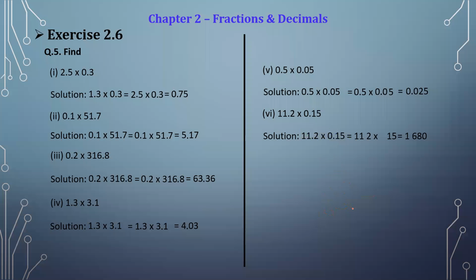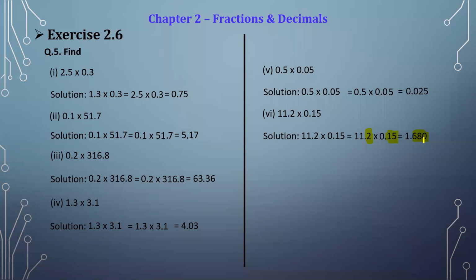The next step is to bring back the decimal points which we had ignored for a temporary purpose, and count how many digits are present after the decimal point in both the numbers. In the first number only one digit is there, and in the second number 2 digits are there. So 1 plus 2 equals 3, and therefore in the final answer 3 digits should be present after the decimal point.